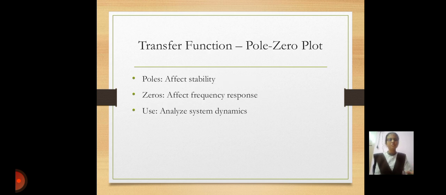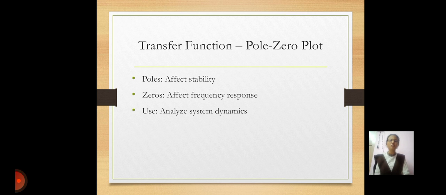And next, poles and zeros. The transfer function contains poles and zeros. Zeros are the frequencies where the output is 0. Poles are the roots where the system becomes unstable or resonates. By analyzing these, we can determine the system stability, bandwidth, and filtering characteristics.